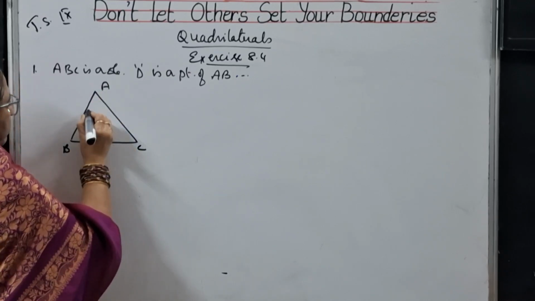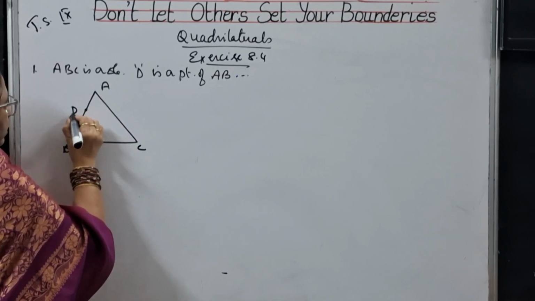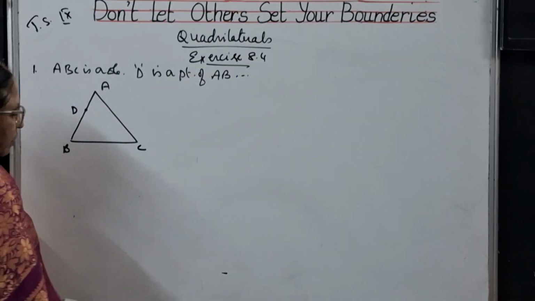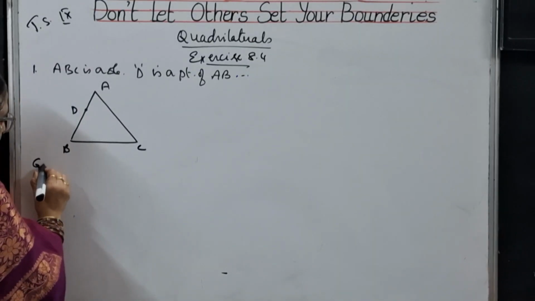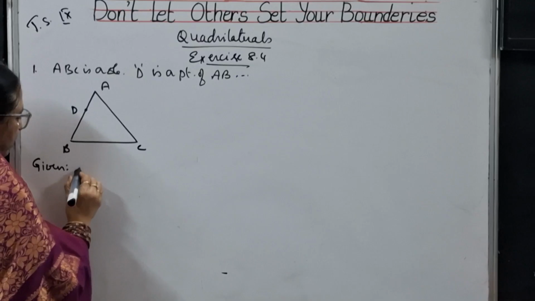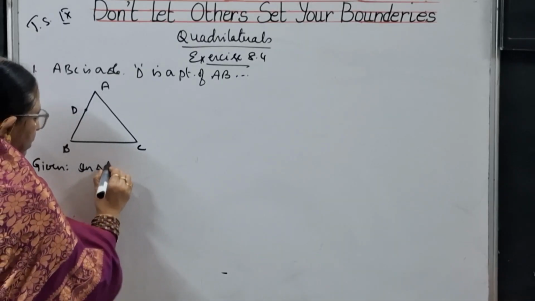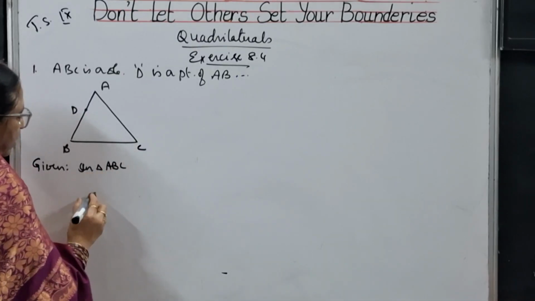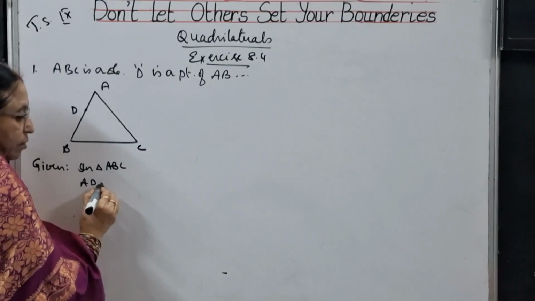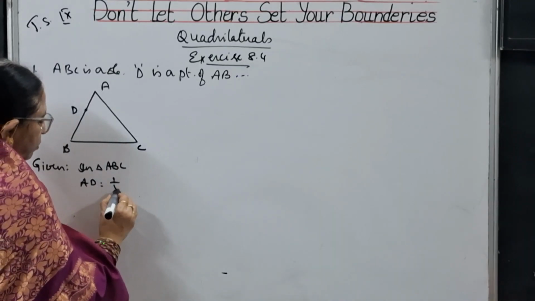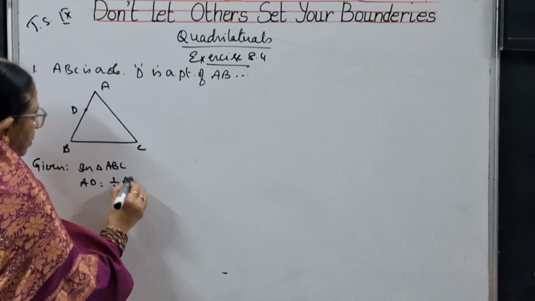ABC in which D is a point on AB. Given in triangle ABC, AD is 1/4 of AB.